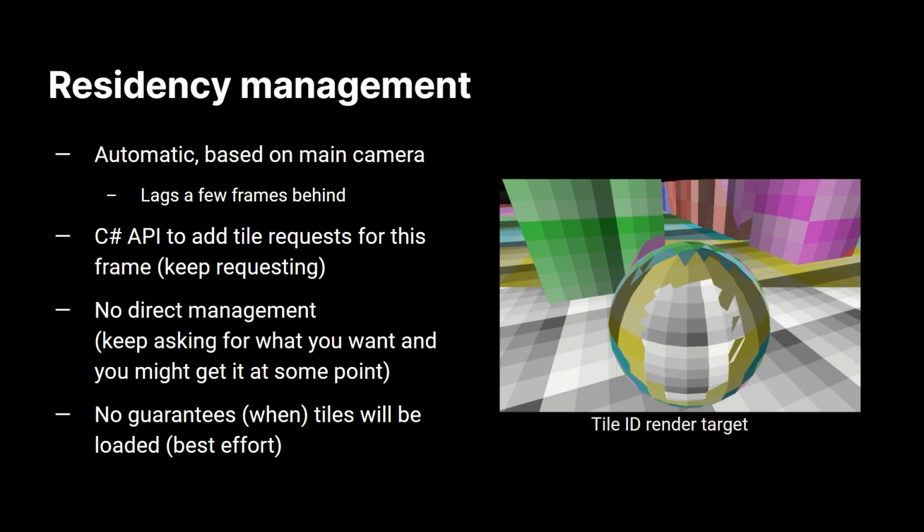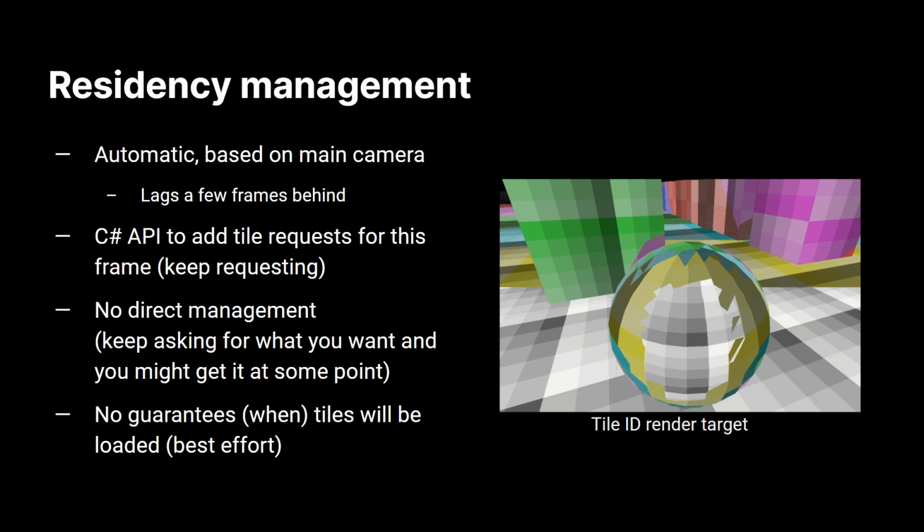In this system, we also need to figure out which of these tiles to load. We call that residency management, figuring out which tiles to keep in memory. And this is done automatically, based on what the main camera can see.